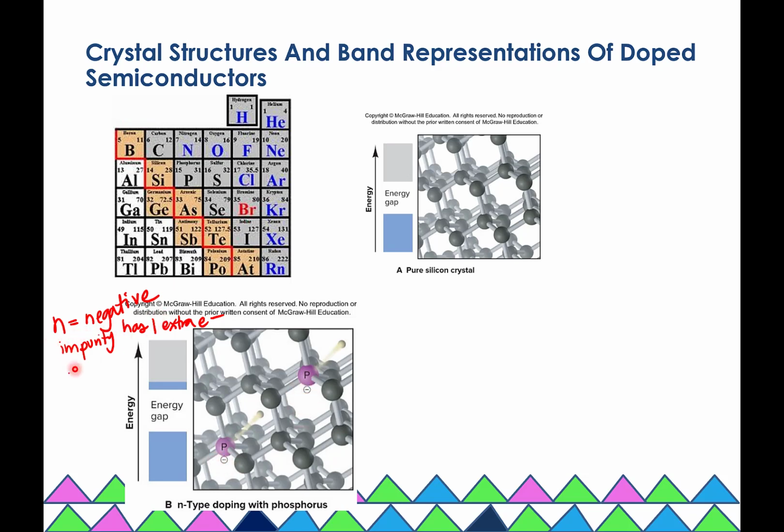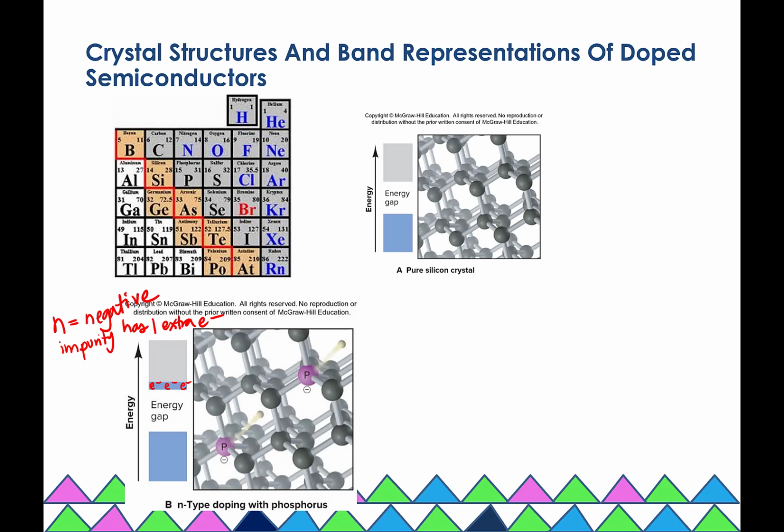So that's why we call it n-type doping. And I want you to think about what this energy gap looks like, or this band. When you introduce extra electrons into the silicon array, you're essentially populating electrons into the conduction band.